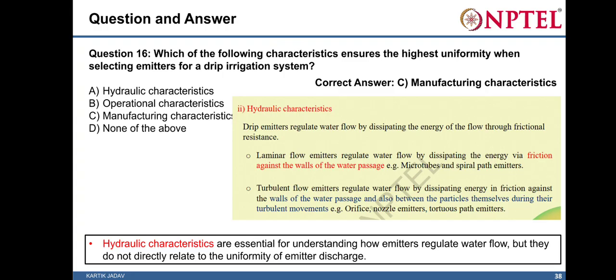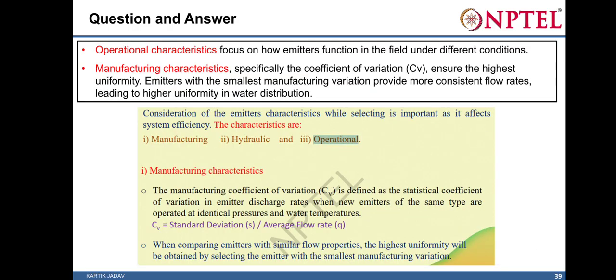Because a laminar flow emitter regulates the water flow by dissipating energy via friction against the walls of the water passage, while turbulent flow emitters regulate water by dissipating energy in friction against the walls of the water passage and also between particles themselves during their turbulent movements. Then apart from that, we have two other characteristics: operational characteristics and manufacturing characteristics. So they are calculated by given formulas.